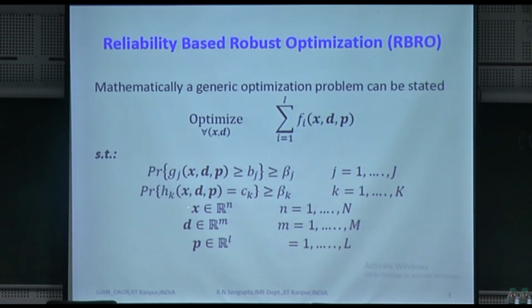X is the decision variables: number of plants you want to bake, number of people you want to hire, number of products you want to make, raw materials you want to buy. D are the deterministic variables, which are not under your control, but you know they are deterministic. And P are the variables which are not under your control, but they are probabilistic.